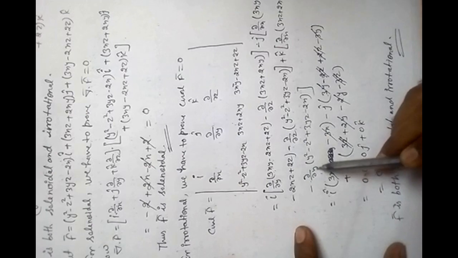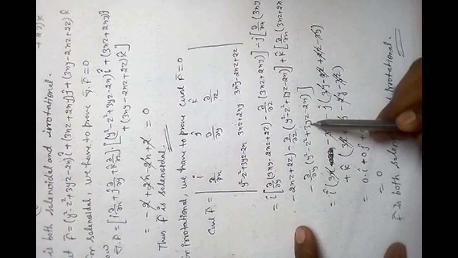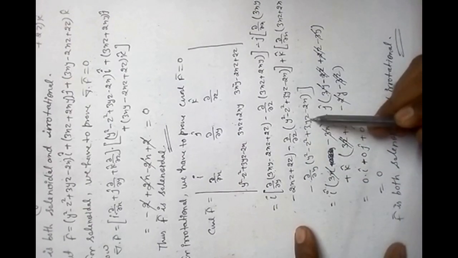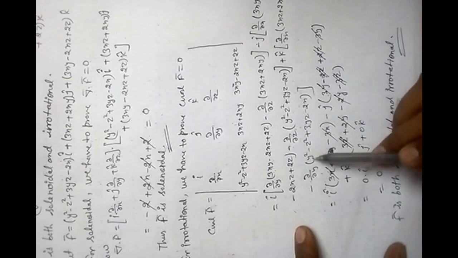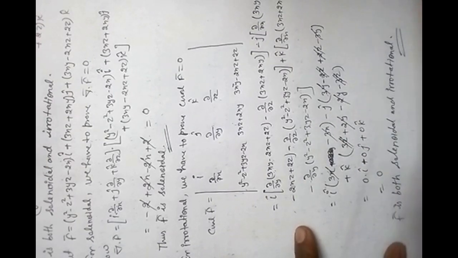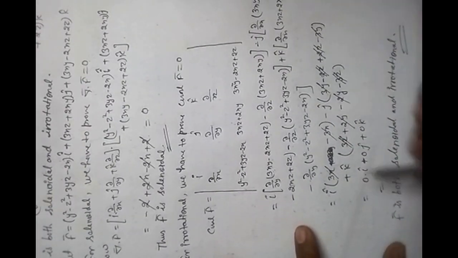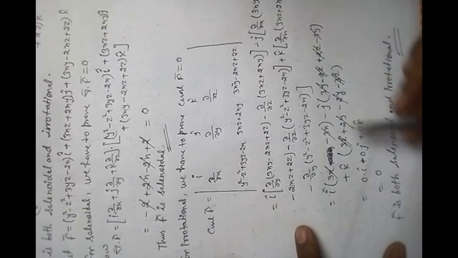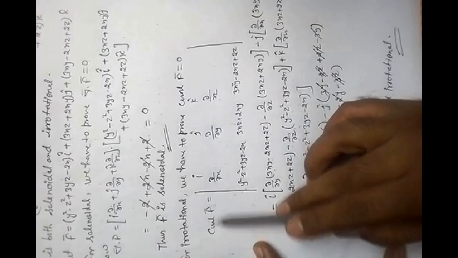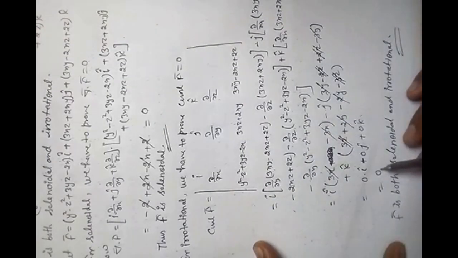Differentiate with respect to y means here 2y and here 3z. Both terms are negative, and again cancel out. So 0i plus 0j plus 0k, that means a 0 vector. That means the value of the curl f is 0.